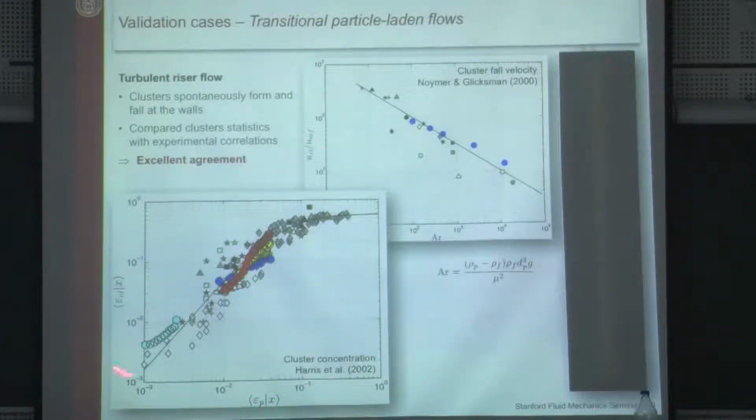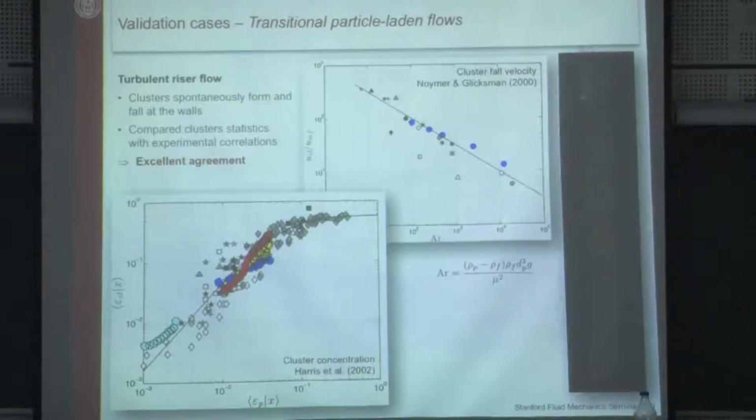I would argue, so this is now a correlation of the concentration in particles within the cluster. So this is the volume fraction of particles in the cluster based on the overall volume fraction at the location of the cluster. If you have locally a region of a certain volume fraction, say 10%, how dense should your cluster be?